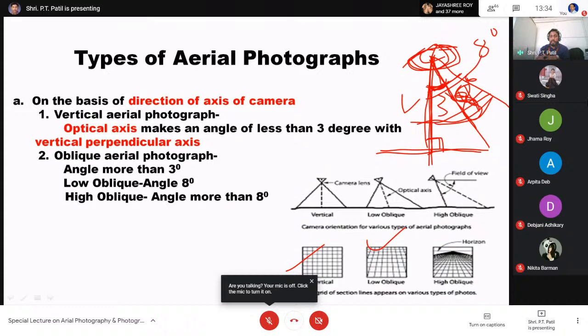Okay, so in this way, with the help of oblique aerial photography, we are able to perform analysis over the remote area also. Okay, so each type of photograph has its own importance. Vertical aerial photography is generally considered for photogrammetry purposes. So most of our photogrammetric analysis is associated with vertical aerial photographs.